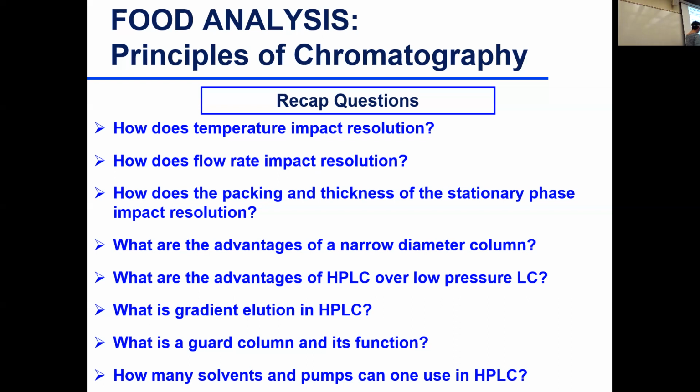What is a gradient elution in HPLC? Gradient elution, yes, Saj? It's like to optimize. Yes. Yeah, everything you said is correct.